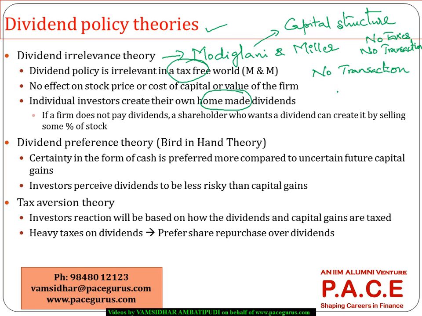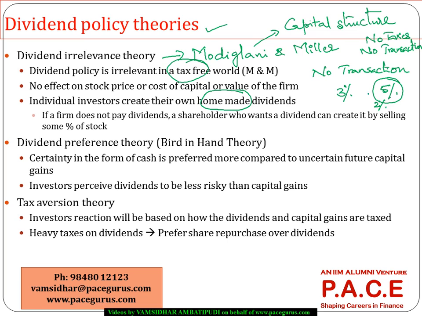What he means by homemade dividend is, let's say the company has declared a dividend of 3%, but the investor wants 5% as his income. What he could very well do is sell off 2% of the shares and create an additional 2% income.